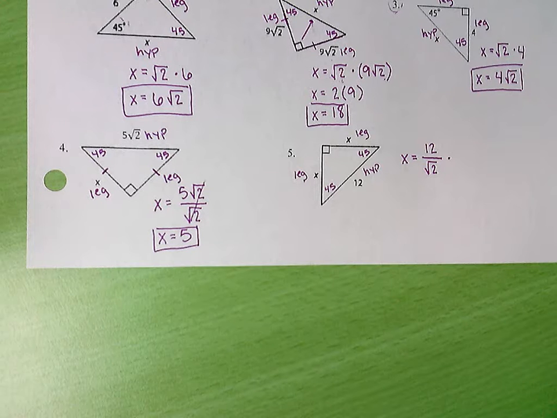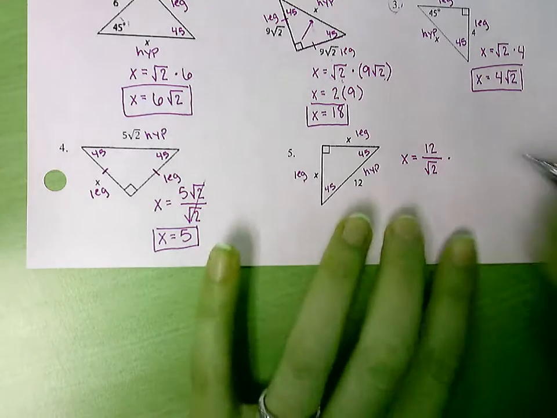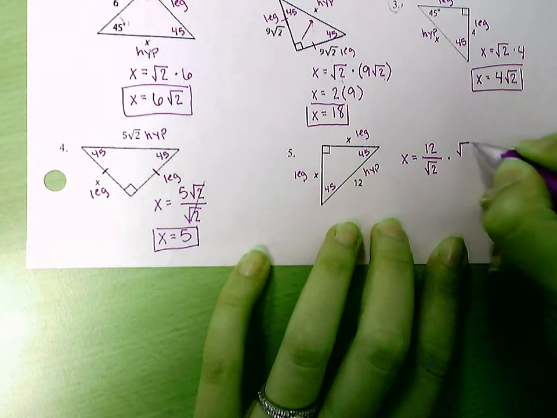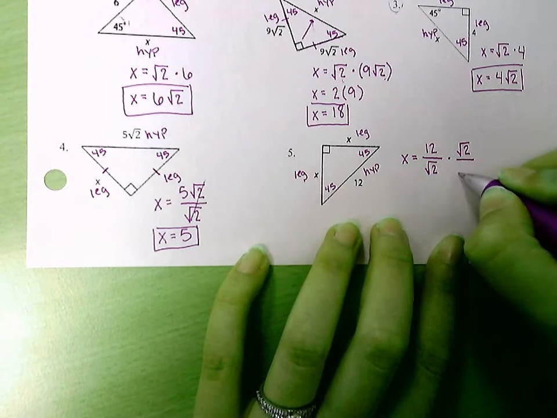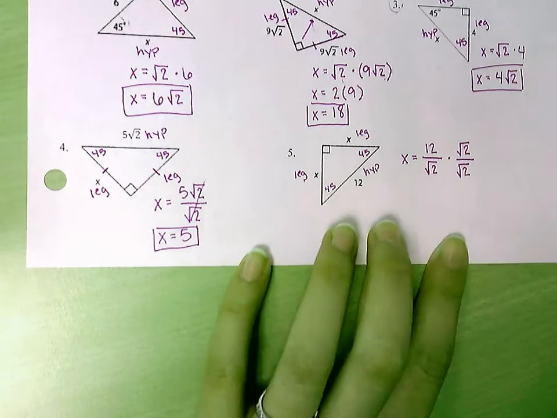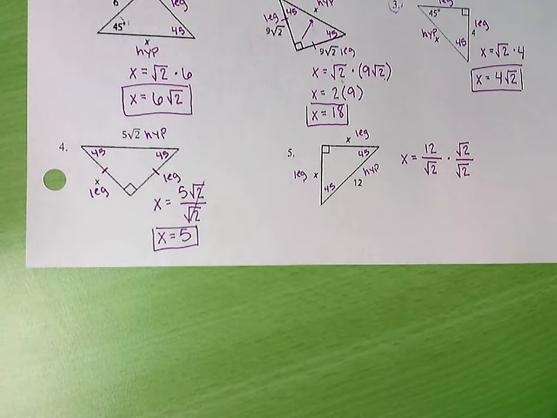Okay? So when you multiply something by 1, it's not going to change the actual problem. So that's what I'm going to do here, except I'm going to multiply by the square root of 2 over the square root of 2. That'll equal 1 if you were to reduce it. But what I'm going to do is multiply straight across.